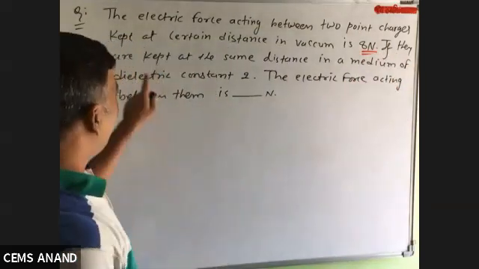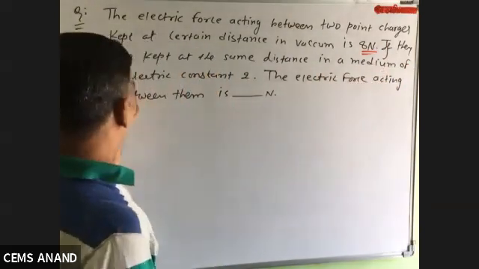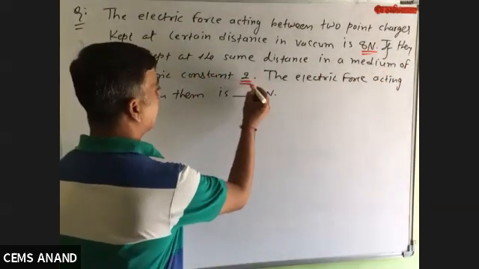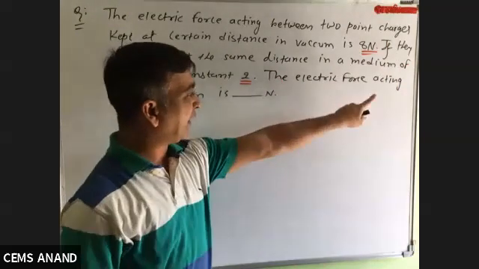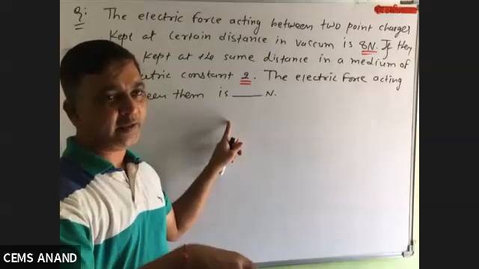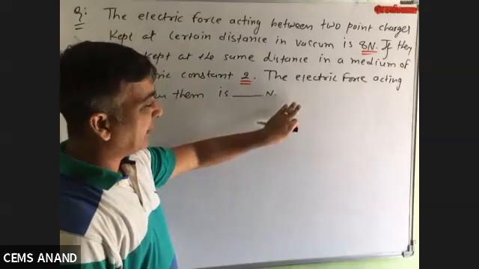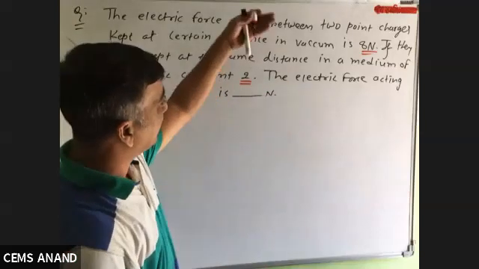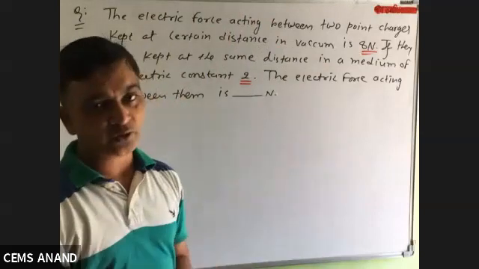If they are kept at the same distance in a medium of dielectric constant 2, then the electric force acting between them is different than that in vacuum. Calculate the new force.